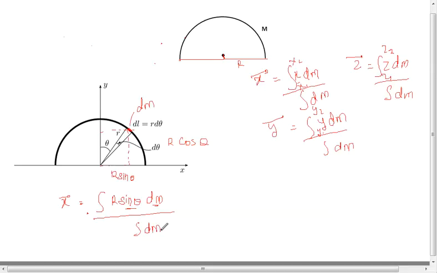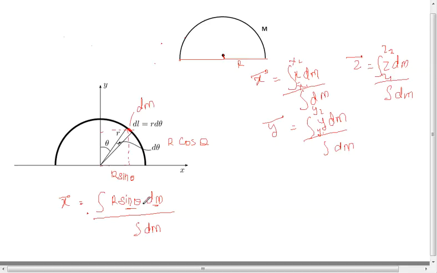We somehow have to represent dm as a function of theta. There are two things we can do: either we can represent sin theta as a function of m, or we can represent dm as a function of d theta.